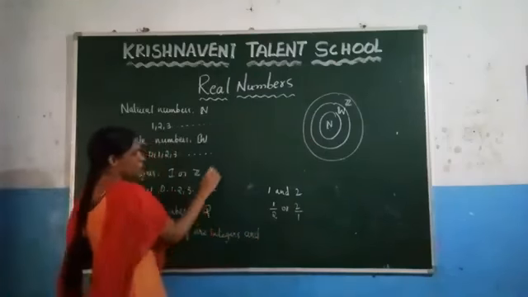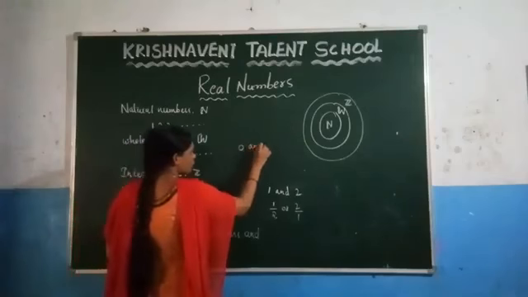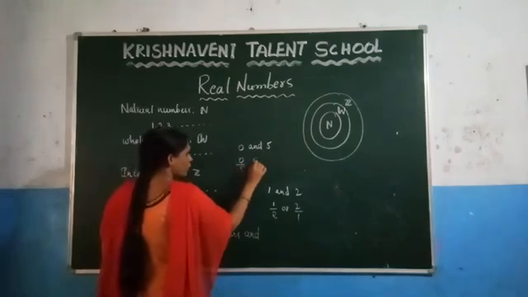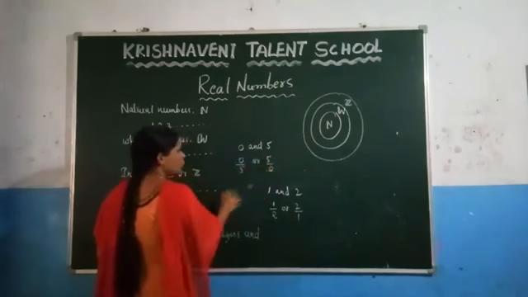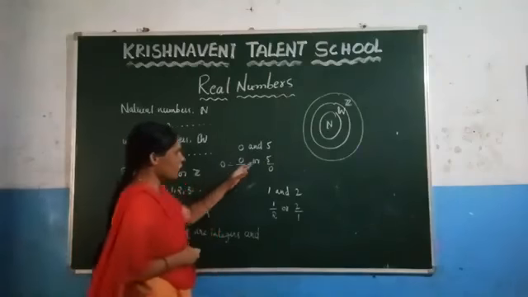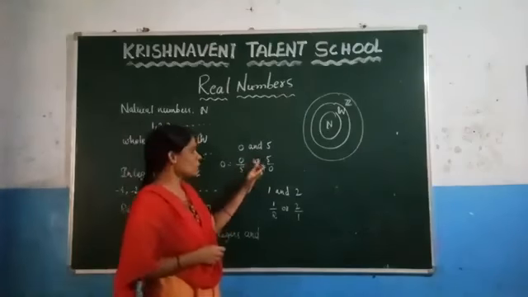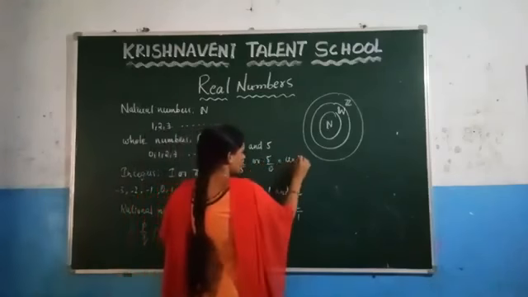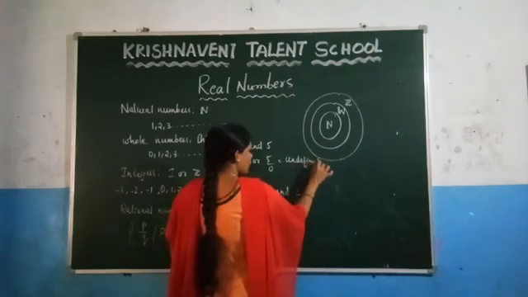Let us consider two numbers 0 and 5. We can write 0 and 5 as 0 by 5 or 5 by 0. You know that the value of 0 by 5 is 0, and we cannot define the value of 5 by 0 since this is undefined. You know that if the denominator is 0, the value is undefined.